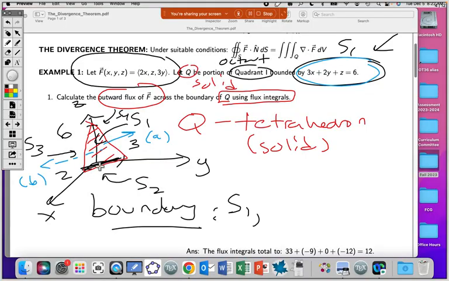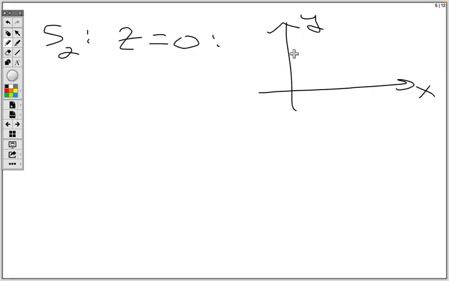That was our projection of S1 down into the xy plane. But S2 now is part of the boundary. That's its surface. We know what it looks like here. That's your 3x plus 2y is 6. We know that's 2 and that's 3. This is S2.